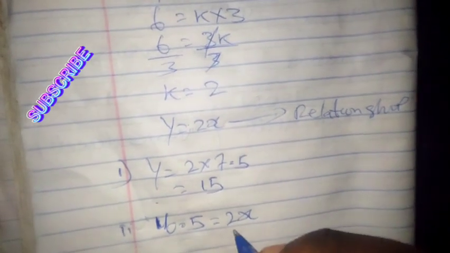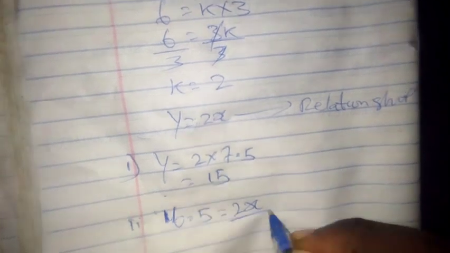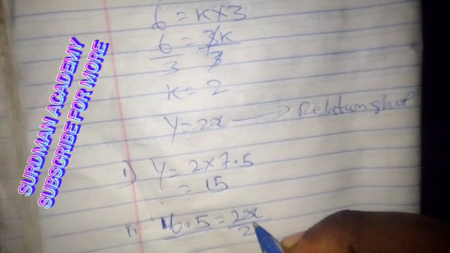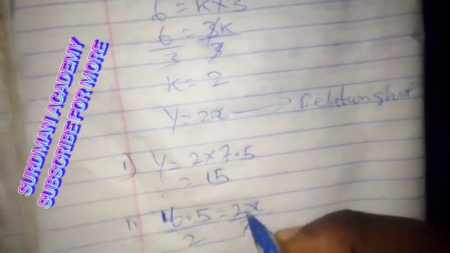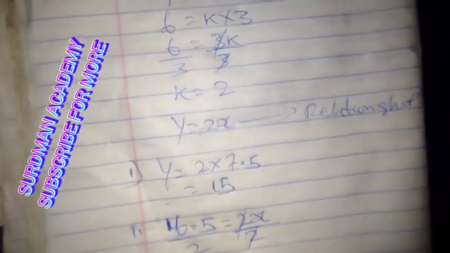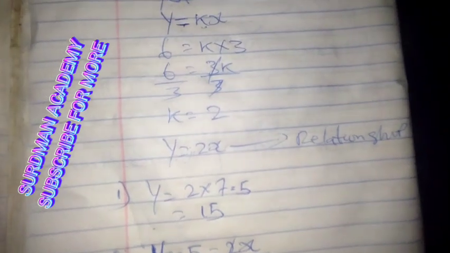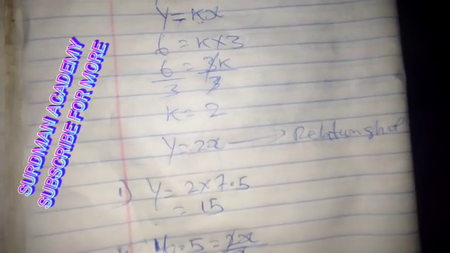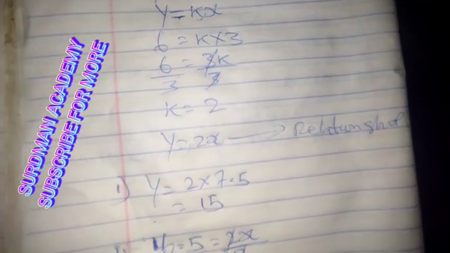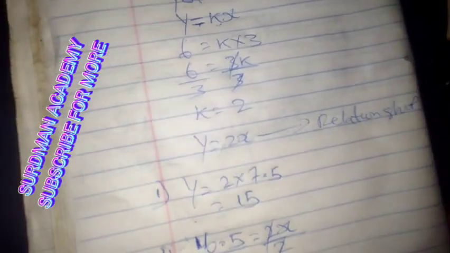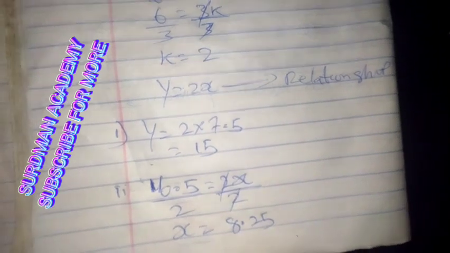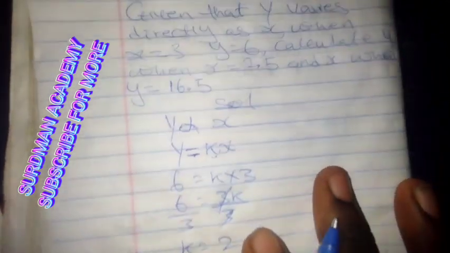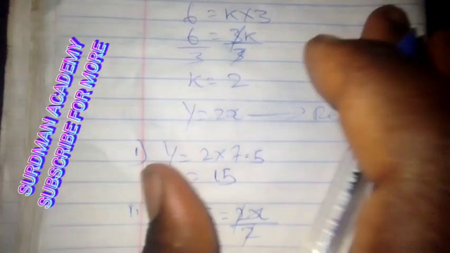We are looking for x, so we divide both sides by the coefficient of x, which is 2. So x becomes 16.5 divided by 2, which gives us 8.25. This is how you solve for direct variation.